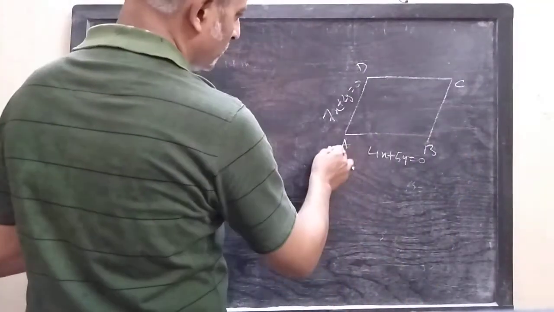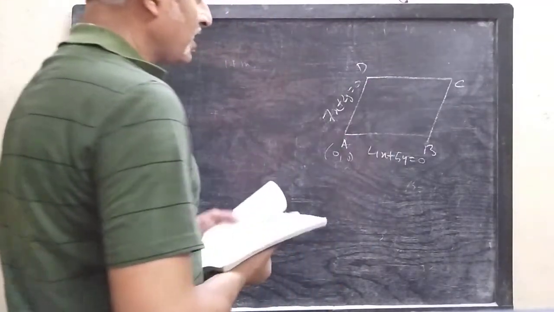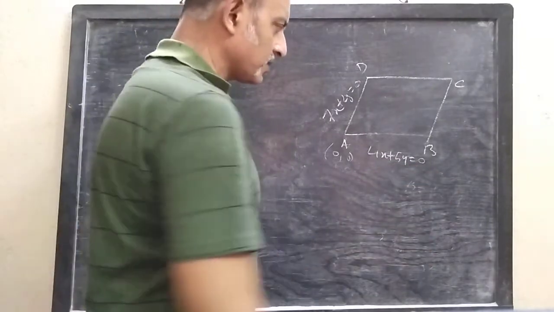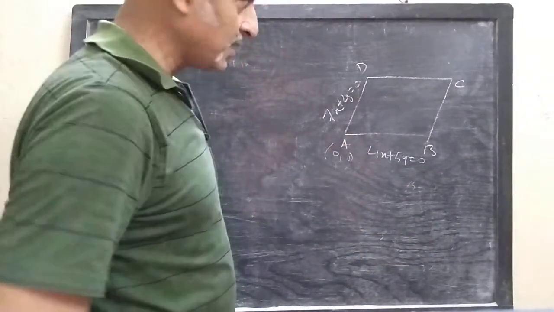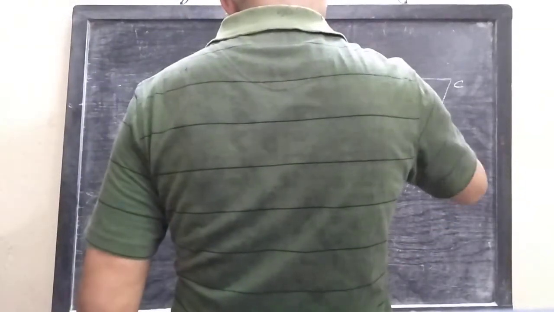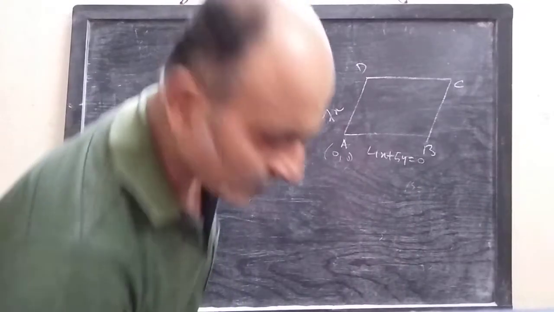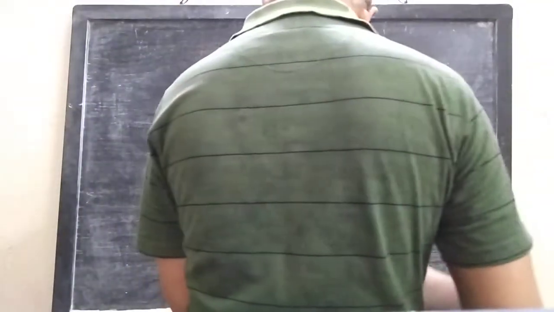Then it is quite obvious that A is the origin, because this line also passes through the origin, this line also passes through the origin. So the point of intersection is A. The vertex A is identical with the origin, and so its coordinate will be 0, 0.